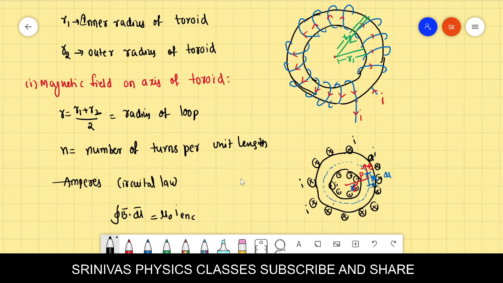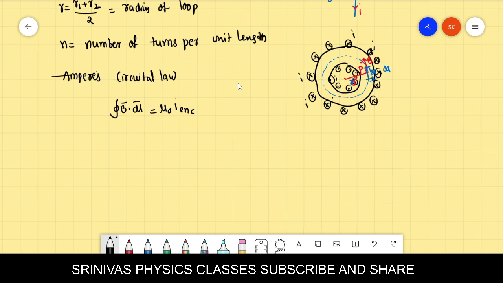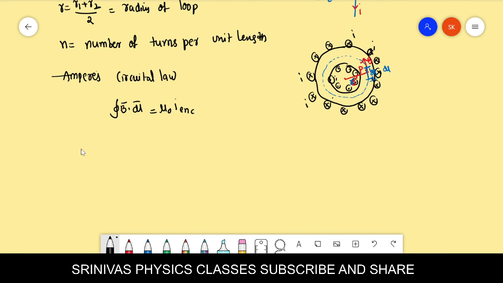The line integral of magnetic induction is B dL cos theta, but theta is 0 for the axis. What is the current enclosed? In this loop, how much current is there? There are 1, 2, 3, 4, 5, like this. There are N turns, and in one turn the current is I.